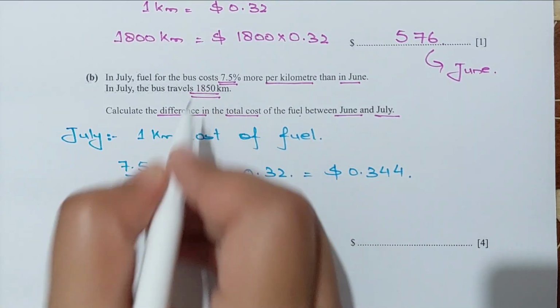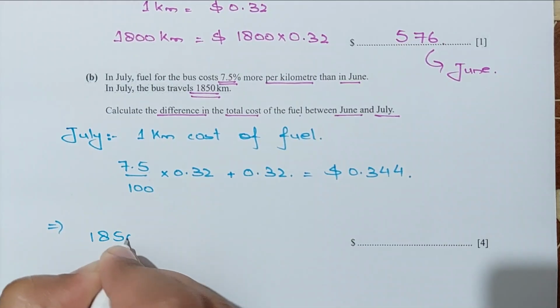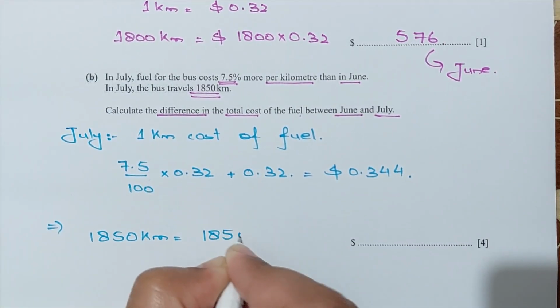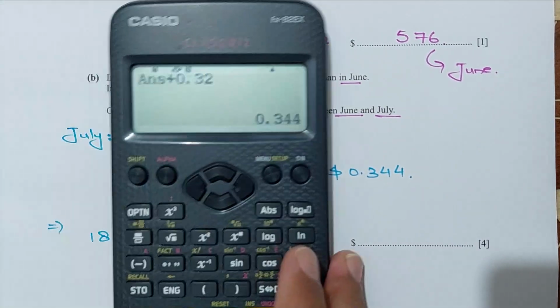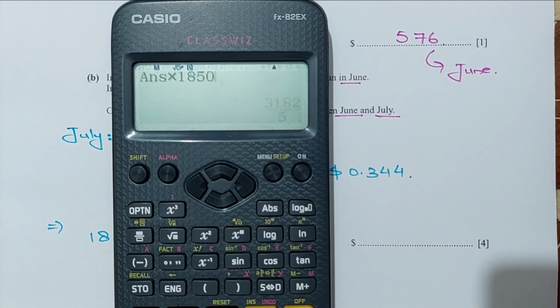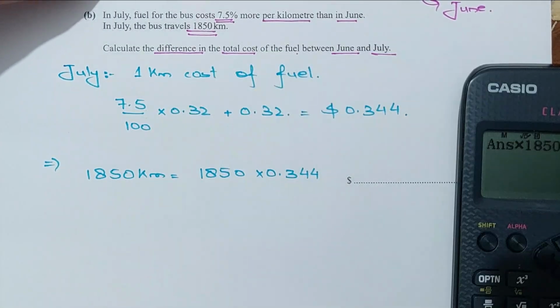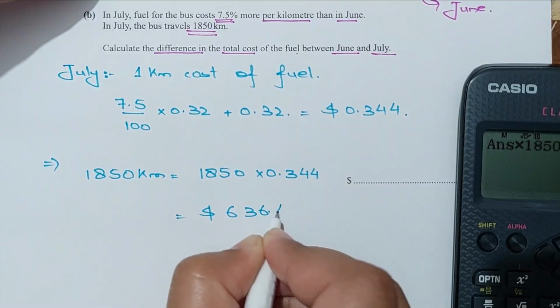So it travels 1,850 kilometers. What is the cost? 1850 times 0.344 is $636.4.